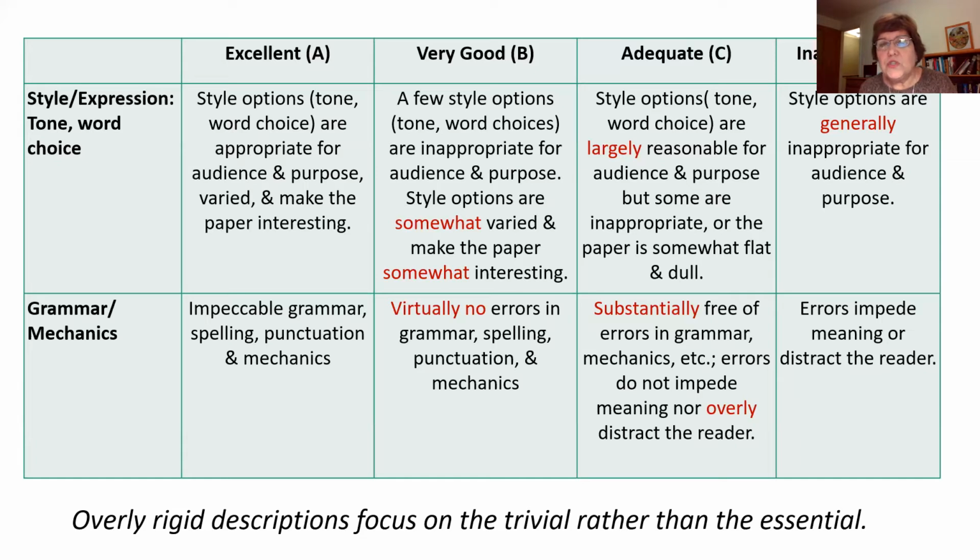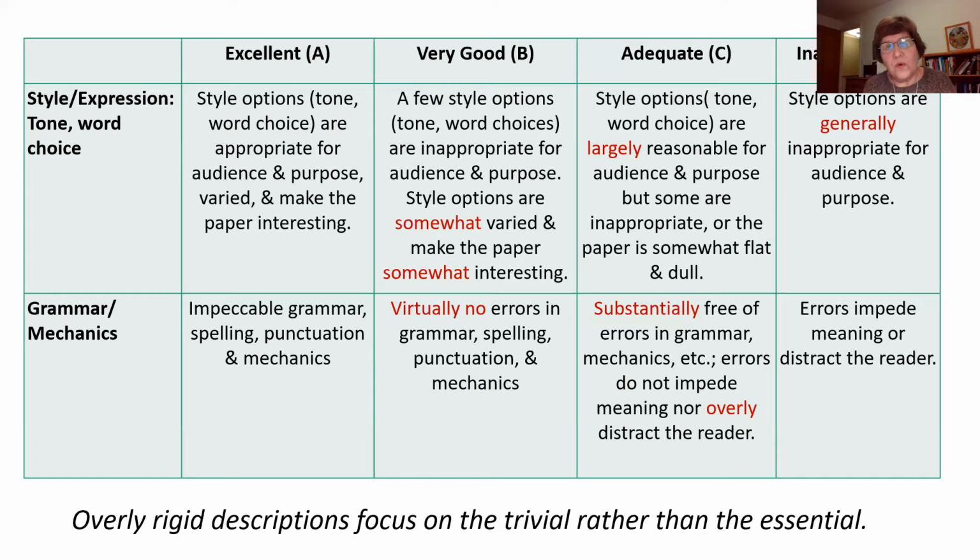What does it mean to not overly distract the reader? But another quote that I got from my lit review was that if you have overly rigid descriptions, you end up focusing on the trivial rather than the essential. So you want to minimize those value-laden terms, but you don't try to eliminate them completely, because you're going to end up, again, focusing on the trivial rather than the essential.